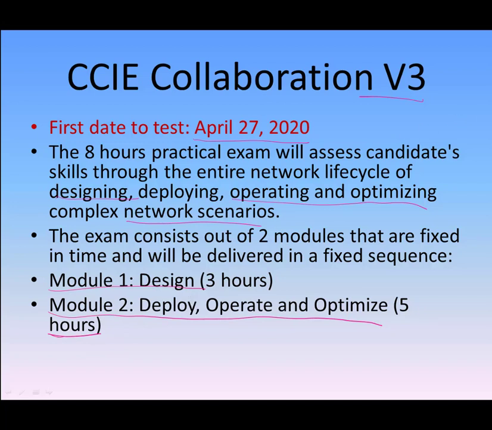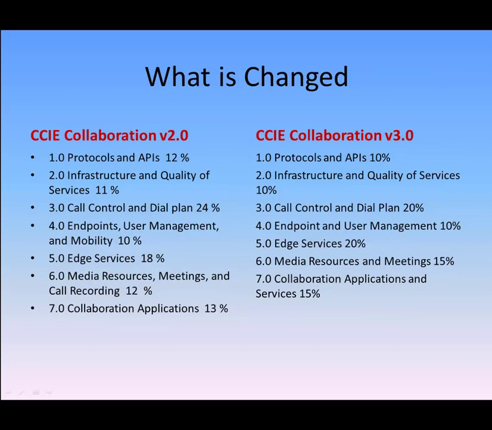Let's now take a look at the changes that have happened in this version. In version 2, we had protocols and APIs at 12%, and that's been reduced to 10%. Infrastructure and quality of service was 11%, and that's almost the same, just a 1% reduction in that section.